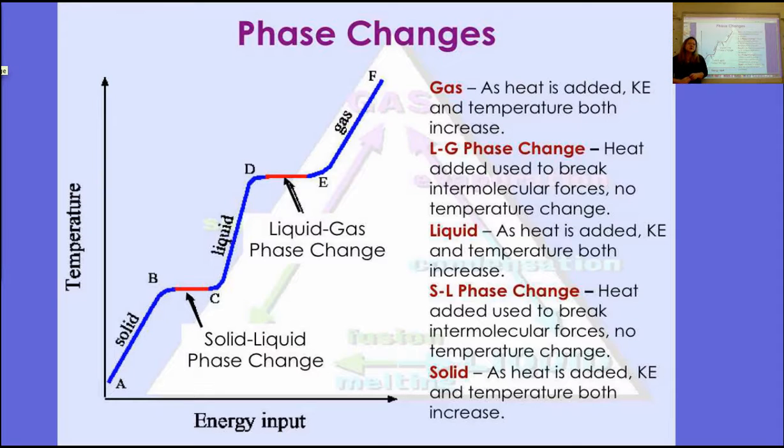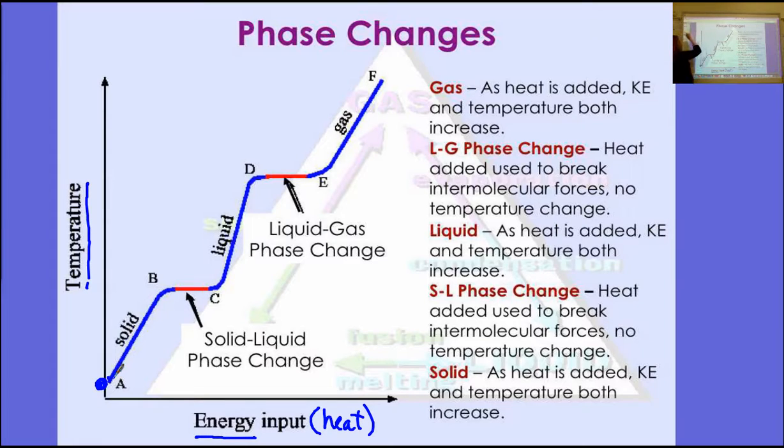Phase changes. This is a phase change graph. On the x-axis, we have energy. We can also consider this to be heat, or our Q value. And on the y-axis, we have temperature. So we start out here, low energy, low temperature, in the solid phase.